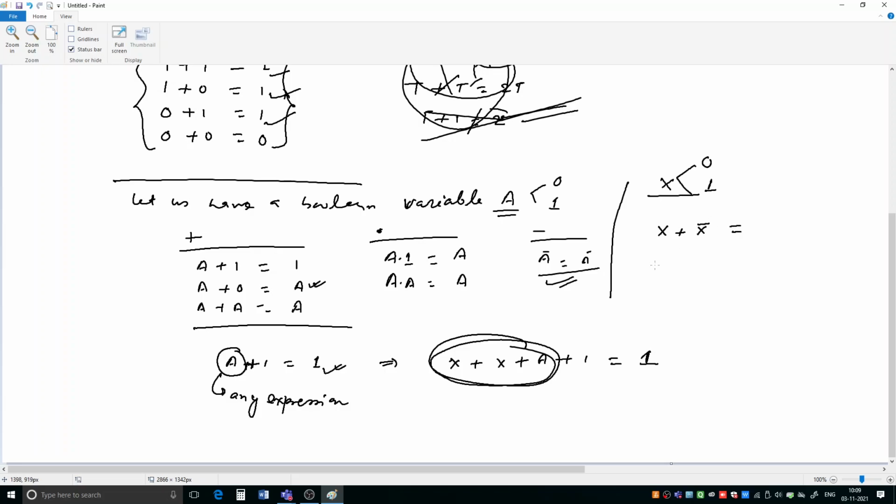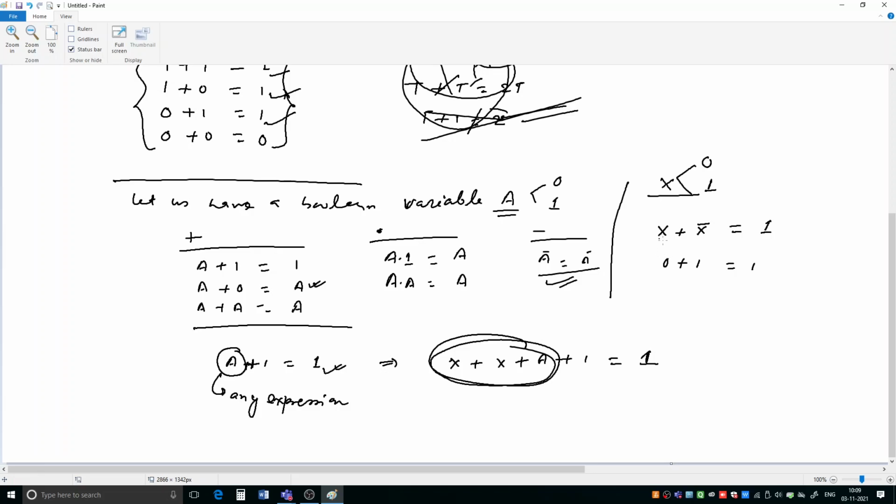So what will be the value of x plus x bar? x plus x bar will be equal to 1. How will it be equal to 1? Suppose x is 0. Then x bar will be equal to 1, so it will become 0 plus 1, and 0 plus 1 is 1.